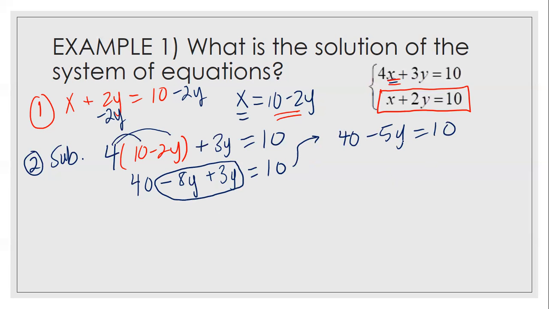So I'm still trying to get y by itself. What's left to do? I'm going to subtract 40 from both sides. I'm left with negative 5y equals negative 30.